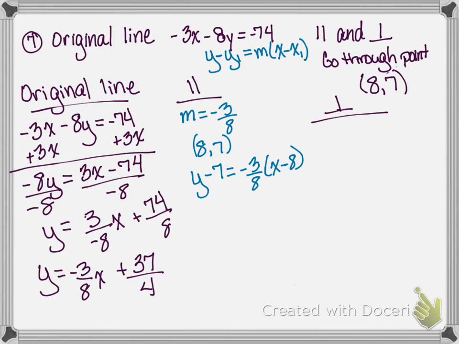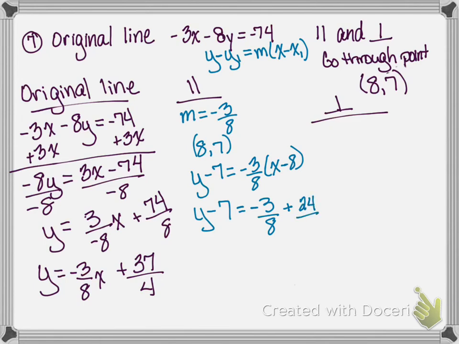Okay? So I distribute my negative 3/8. Now here I've got negative 3 times negative 8, so that's going to give me a positive. 3 times 8 is 24.